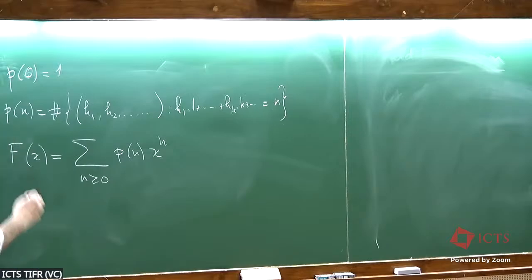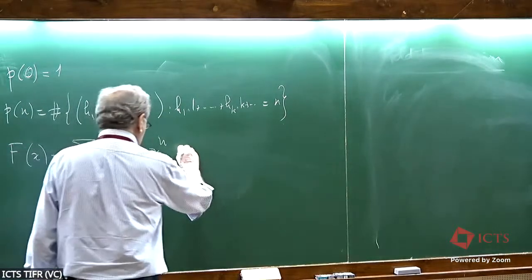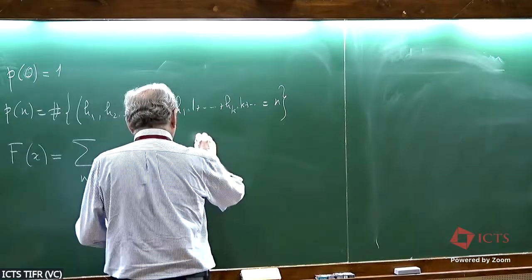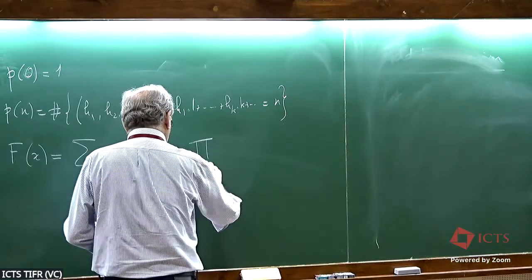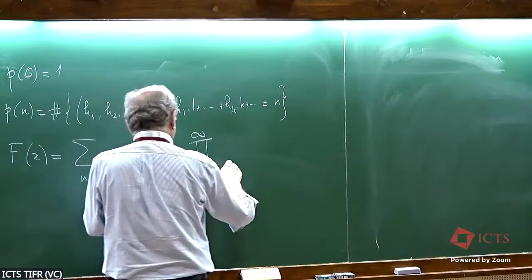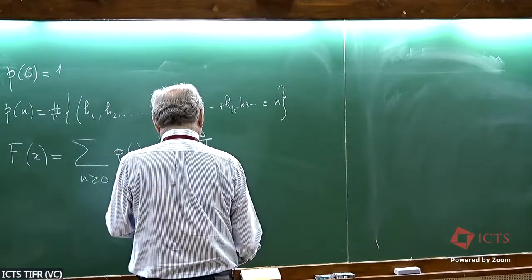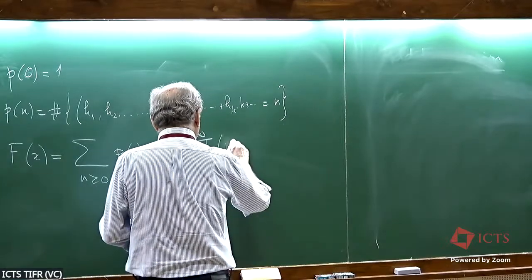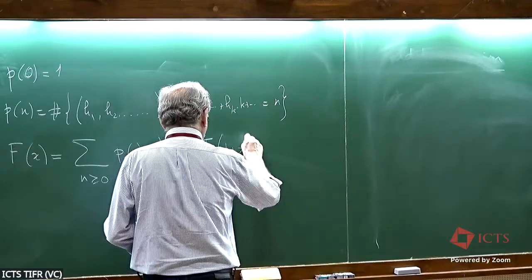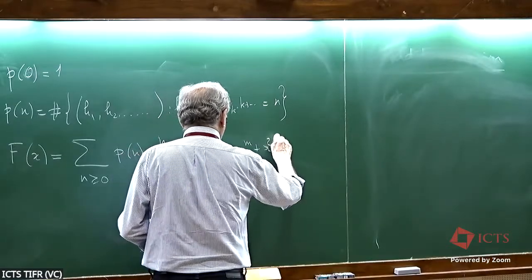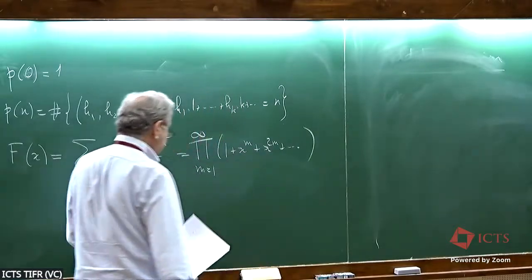It gives you the same product, except that now the product will be infinite, and so it will be the product when m is equal to 1 to infinity of 1 plus x^m plus x^(2m) plus and so on.